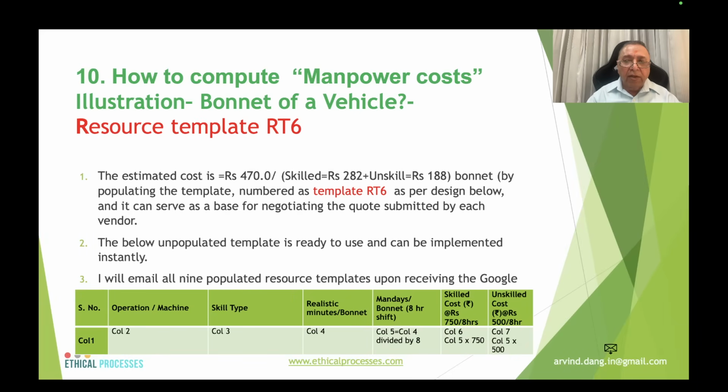Then man days per bonnet, considering 8 hours per shift, that is column 5 is equal to column 4 realistic minutes divided by the 8 hours, and the skill cost, which is based on the rate of 750 rupees or 500 rupees depending on skilled and unskilled. This cost is shown separately for skilled and unskilled.